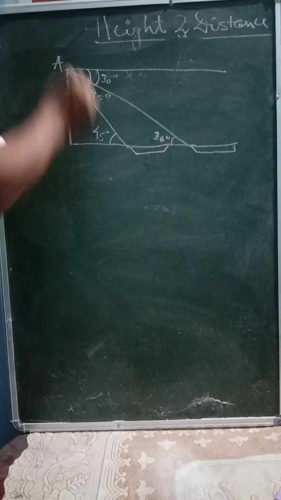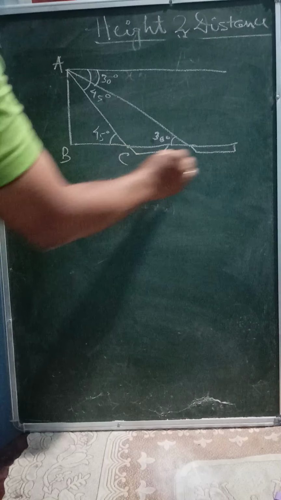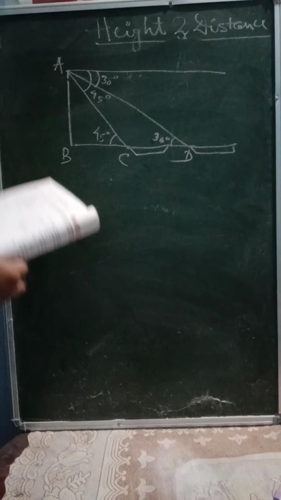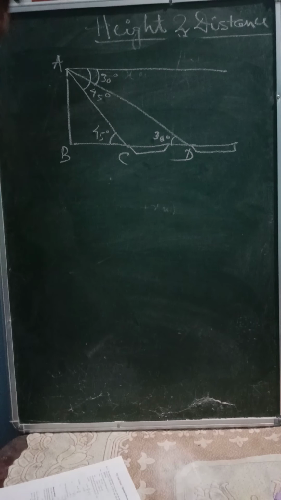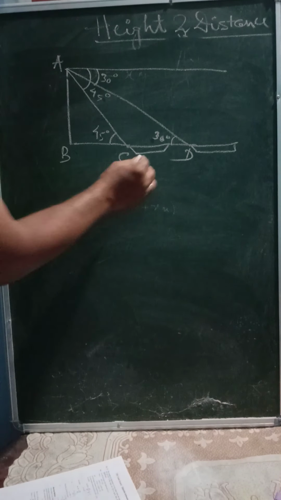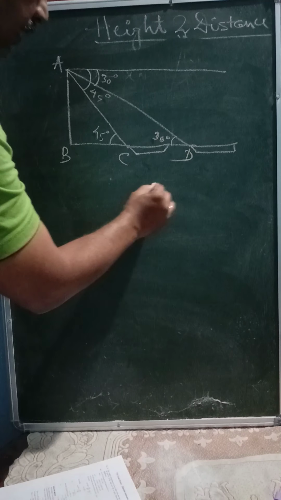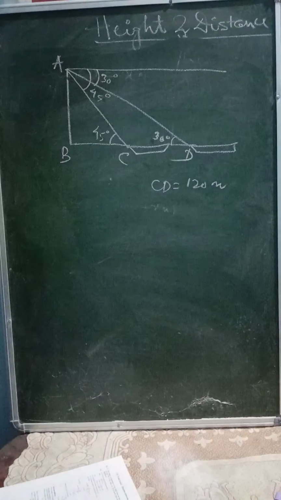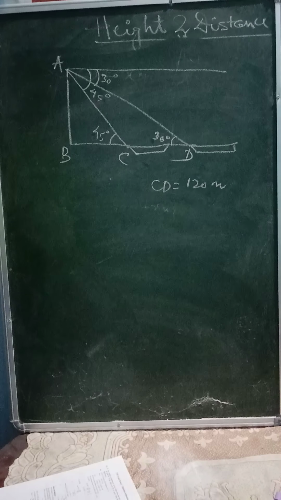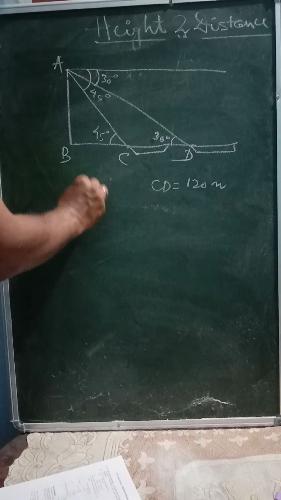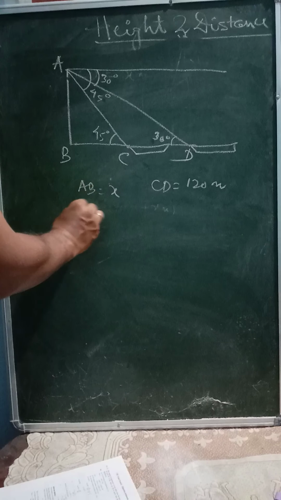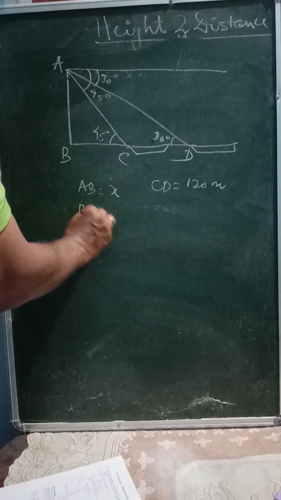So now we can name these A, B, C, D. Ships are 120 meter apart, this is given, and we have to find the height of the lighthouse. So CD length is given here as 120 meter. Understood? As we know, here also we may take AB equal to x, so that BC will also be x.